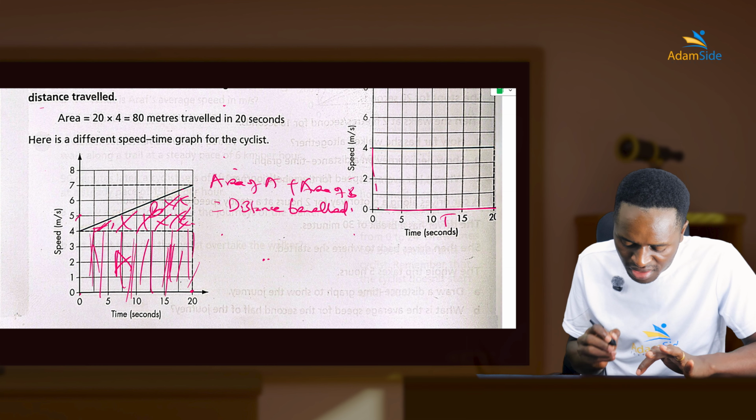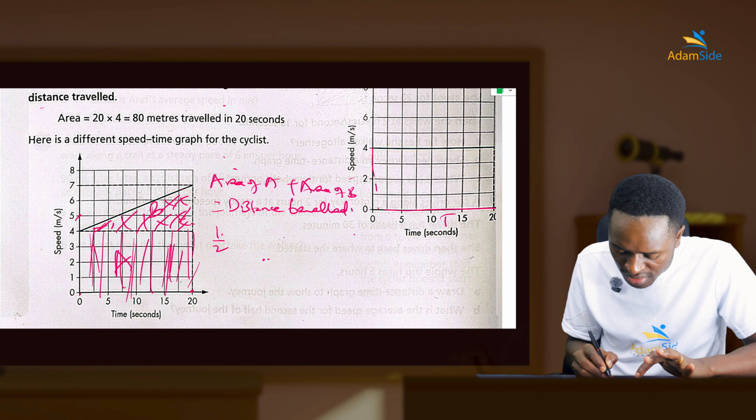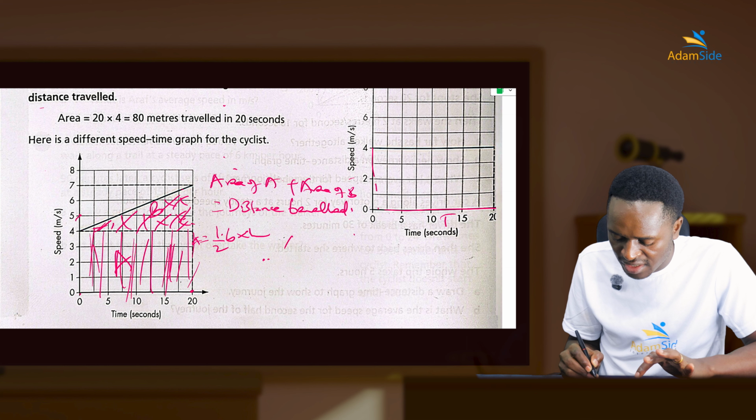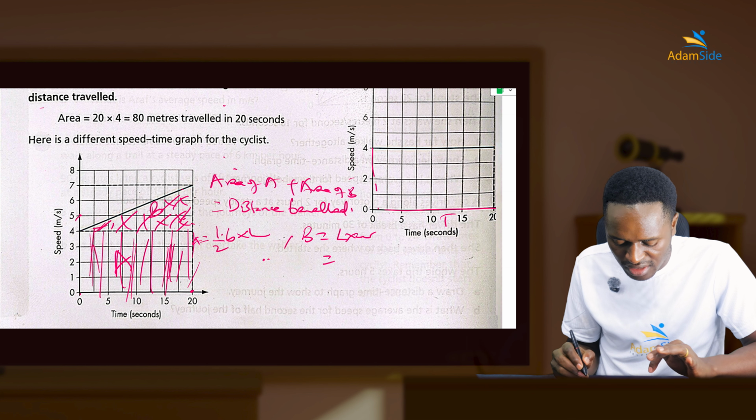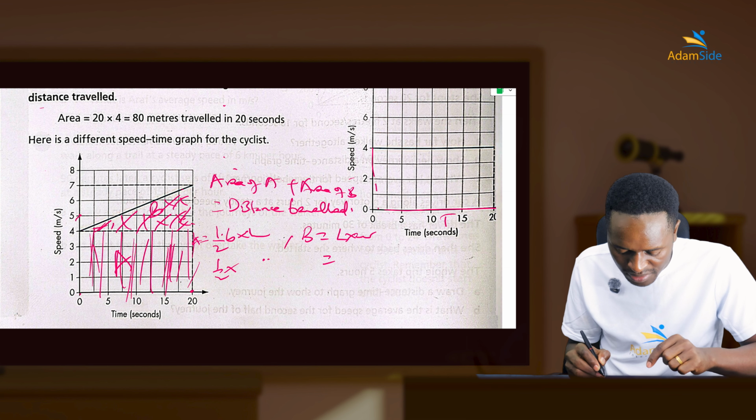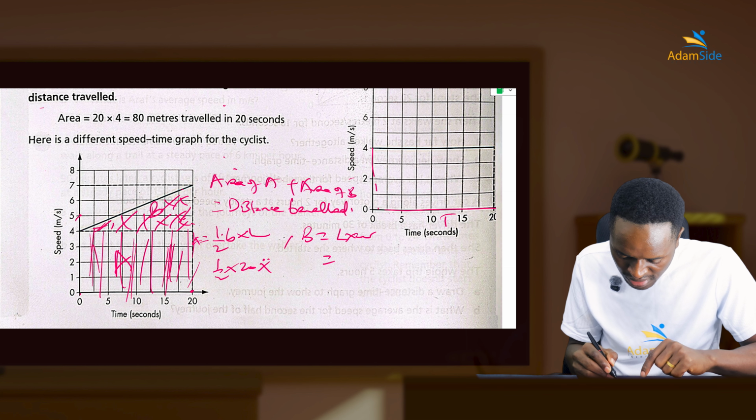So you find the area of B, which is our triangle. We call it a half base times height. And the area of A is length times width. Whereby you take a half times the base, which is 20, times the height, which is 3.